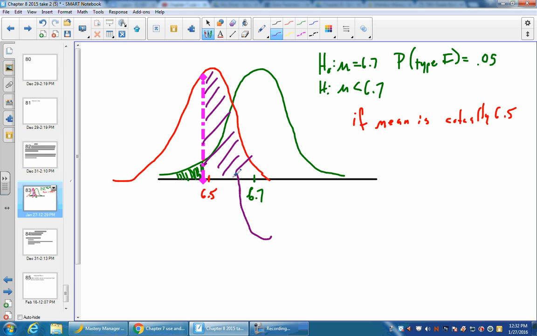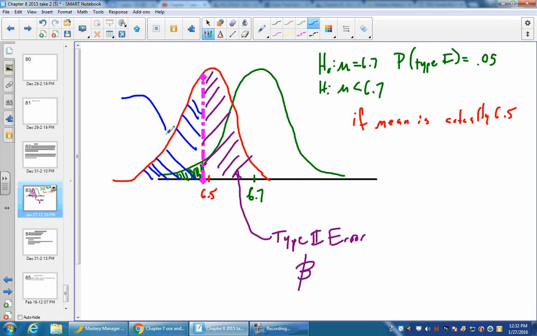That is type 2 error, or I should say the probability of type 2 error, and what they call that is beta. So beta is your type 2 error, and it's over here. Now, this other side is what we call power.